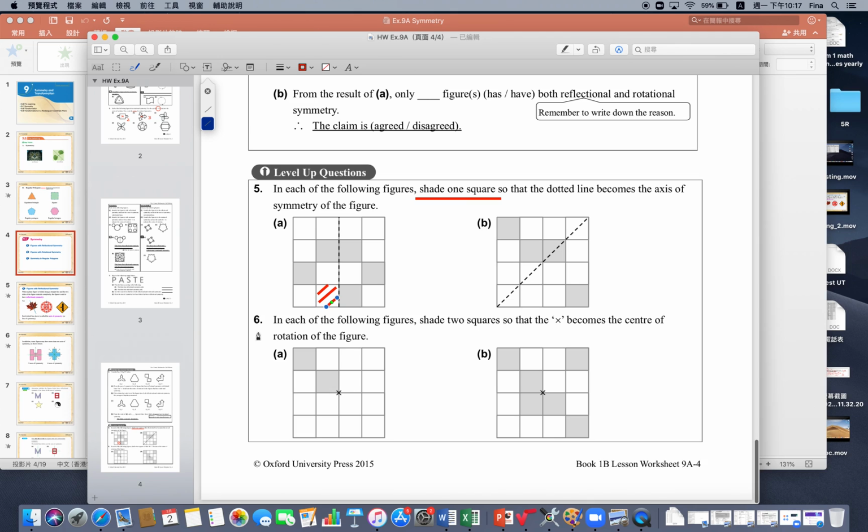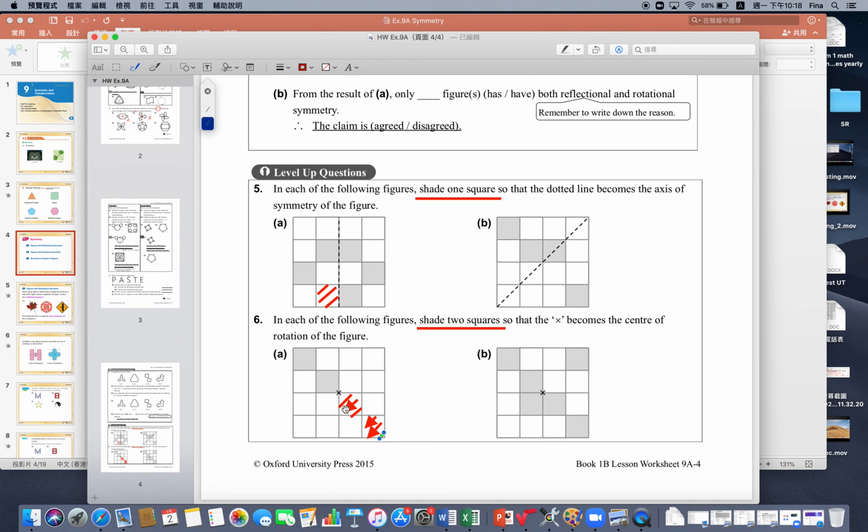And then for question 6, you can see that in each of the following figures, shade 2 squares, so that the cross becomes the center of rotation of the figure. Now you have to shade 2 squares in question 6, not only 1. I think it's not difficult for you to shade this square and this square.